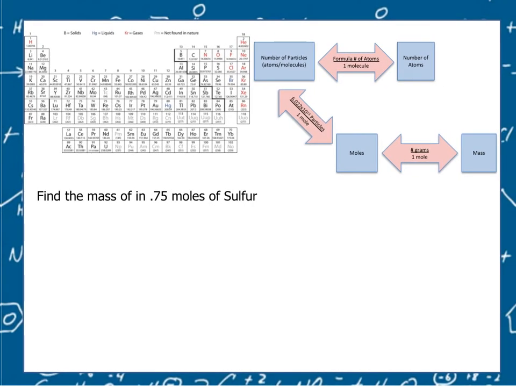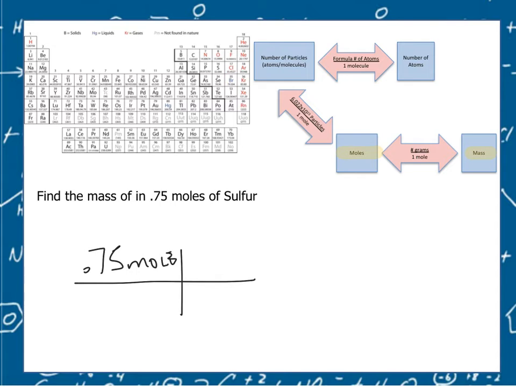Okay, so now I'm going to do a different problem. I have started with moles. Problem gave me 0.75 moles, and it said find the mass. So I'm going the opposite way as my last one. I'm going to start with my railroad tracks again, put my starting number in the top.